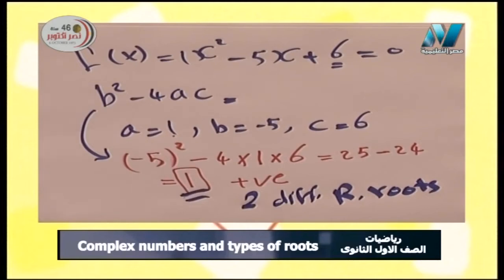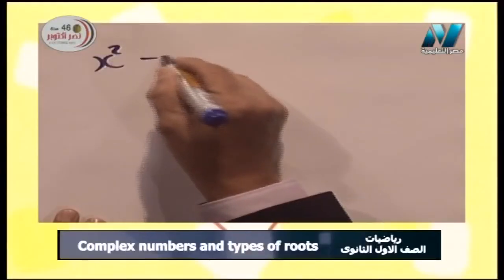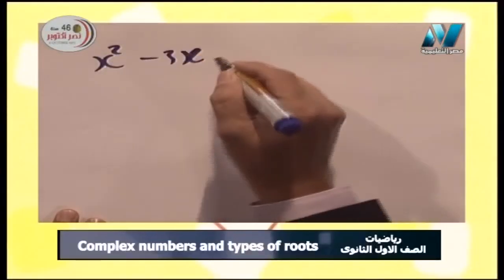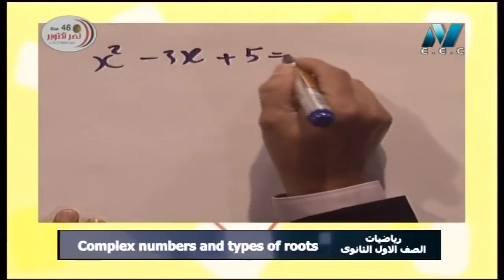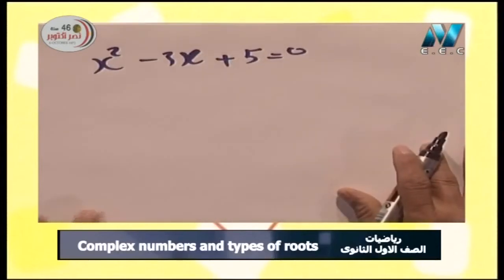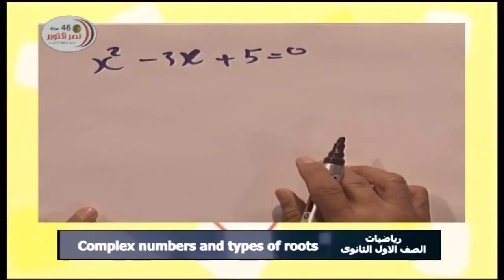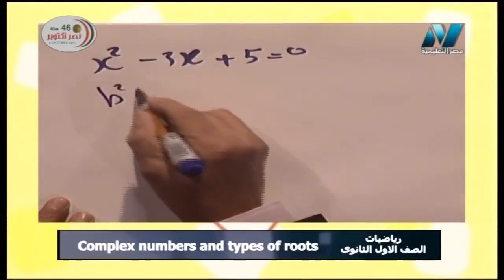let's go to another question here. Determine the type of the two roots of x² - 3x + 5 = 0. Let's calculate the discriminant. We have b² - 4ac.